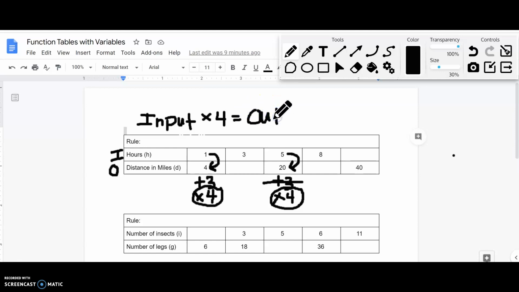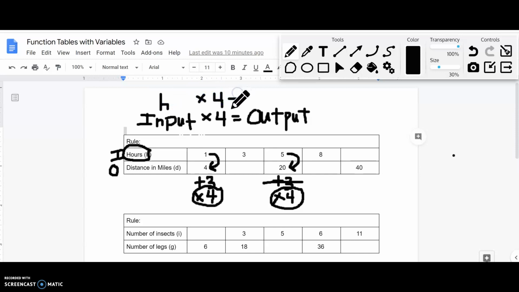But this time we're going to try to write our rule using variables. So I'm going to use my information in my table to help me. My input stands for hours, which is my variable of h. So instead of writing input, I'm going to put h. My times 4 stays the same because there's my operation and my number.